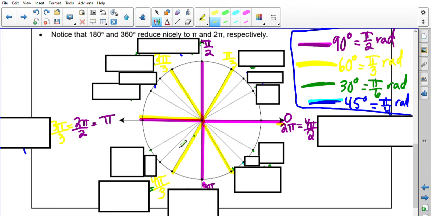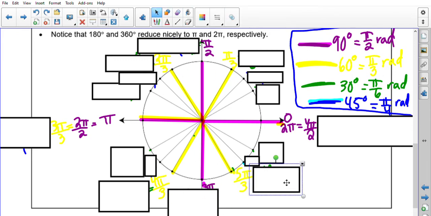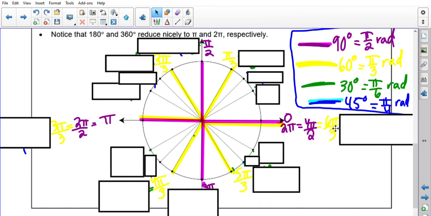And that is the fifth 60-degree interval. So that means we are at 5 sets of pi over 3. And then we're going to finish it off by coming full circle. We're going to overlap here, and that is 6 rotations of pi over 3. 6 pi over 3 reduces to 2 pi. So hopefully you're getting the hang of it. Like I said, you just are doing counting and reducing.